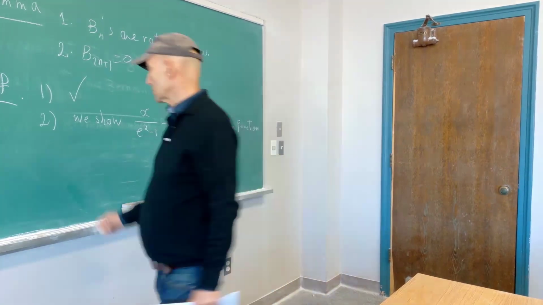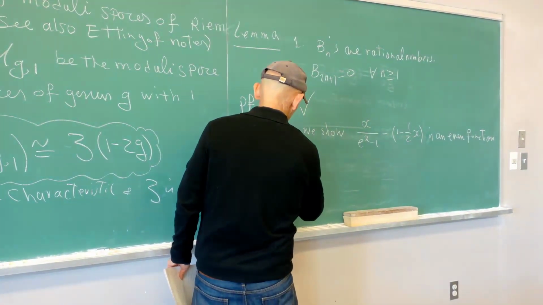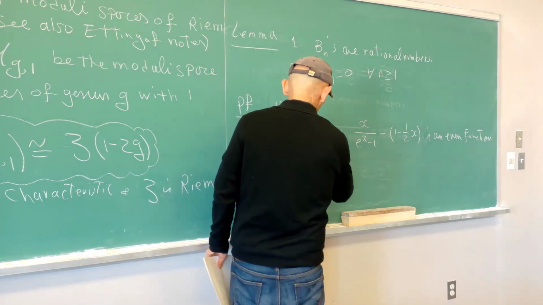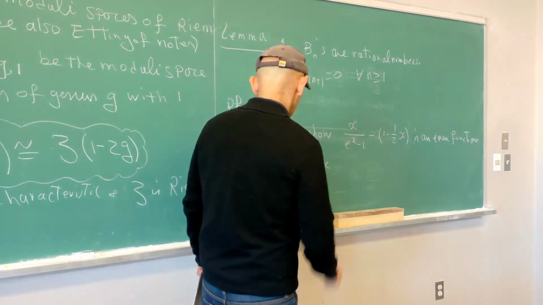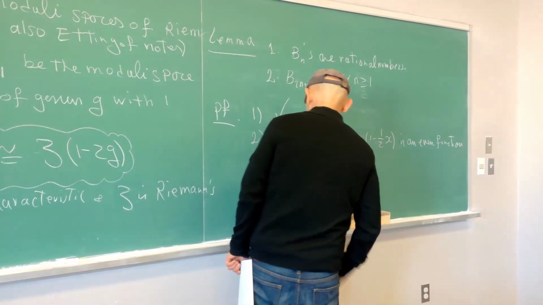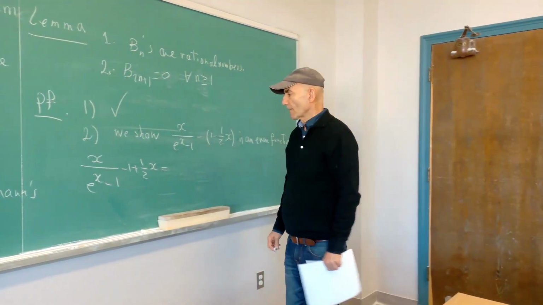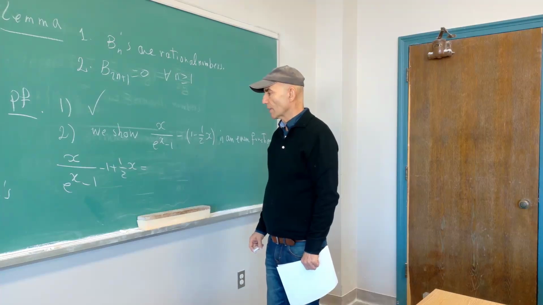Let's take x over e to the x minus 1, minus 1 plus 1/2 x. What's the best way to show that this is even?